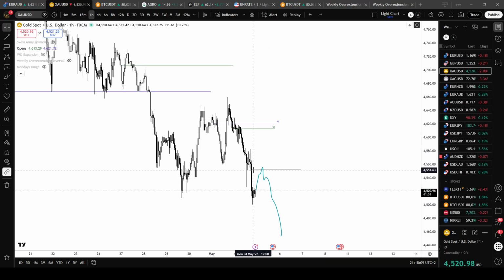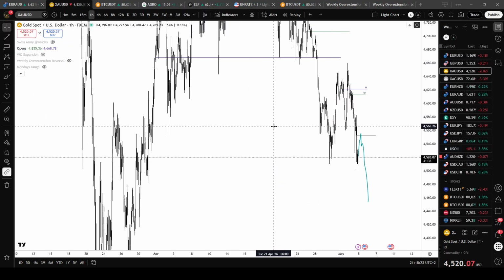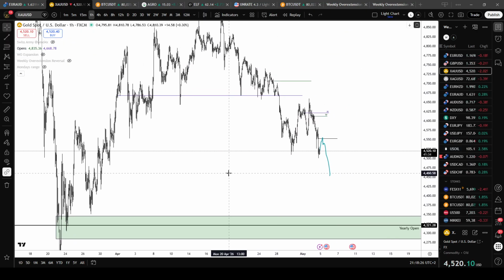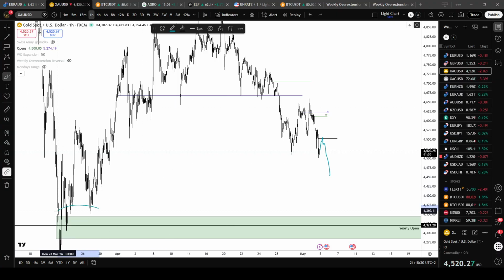But this low really stands out to me. So I don't know, I think it might be worth a punt. Small risk. I think it could do, because I'm quite convinced that we're gonna revisit all these lows.